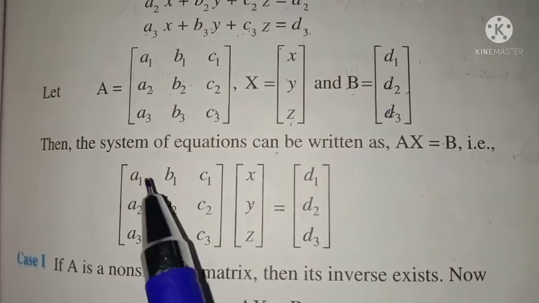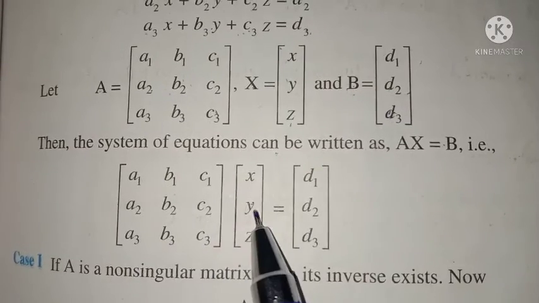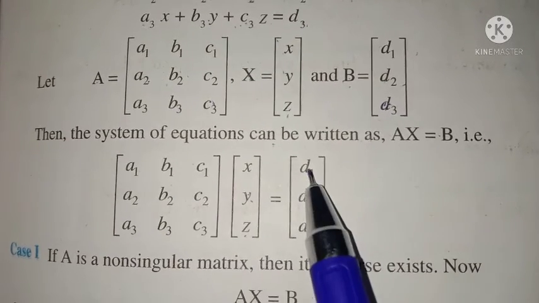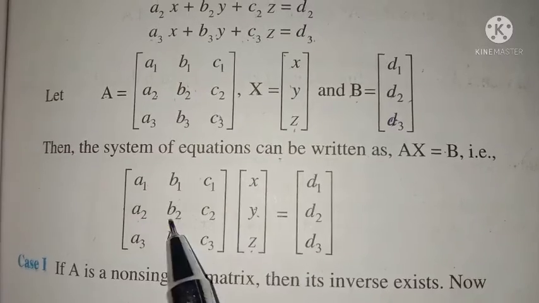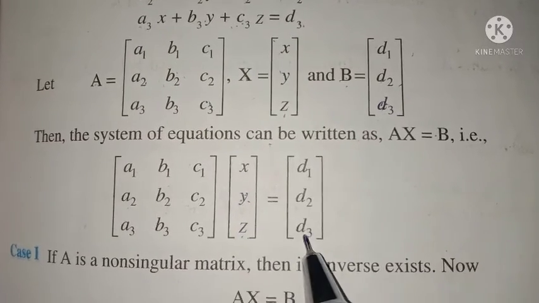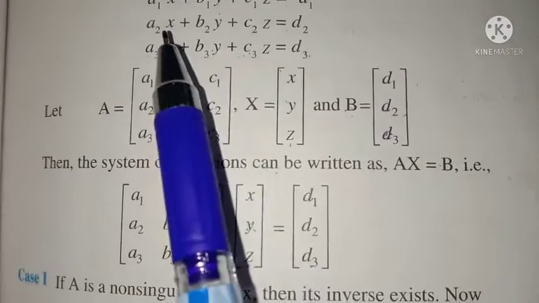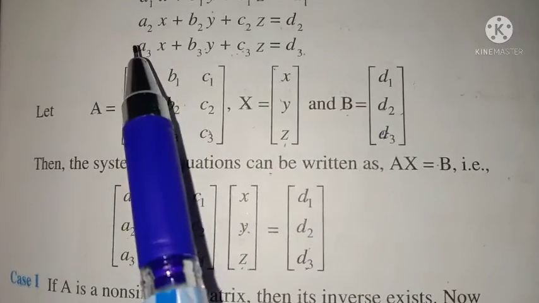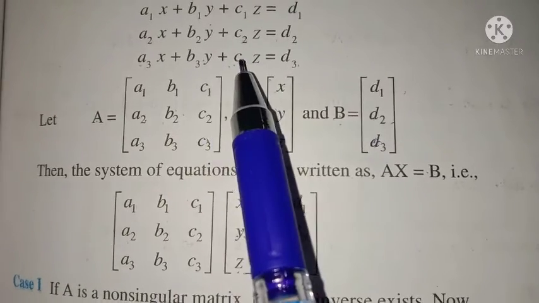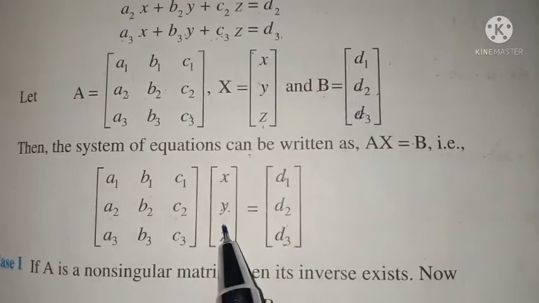Using matrix multiplication, a1x plus b1y plus c1z equal to d1, a2x plus b2y plus c2z equal to d2, and similarly a3x plus b3y plus c3z equal to d3.